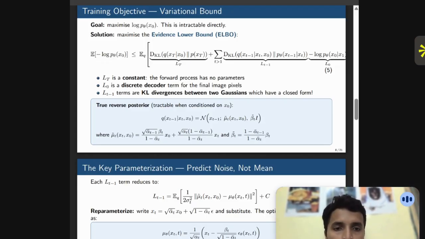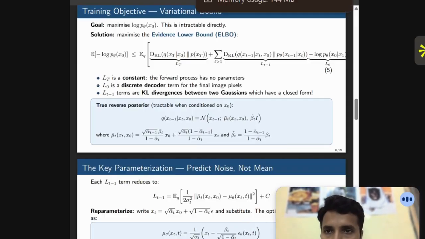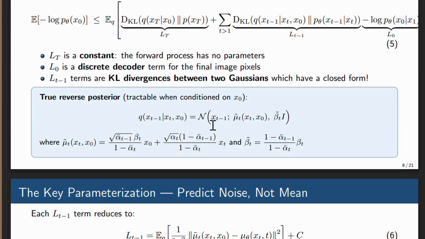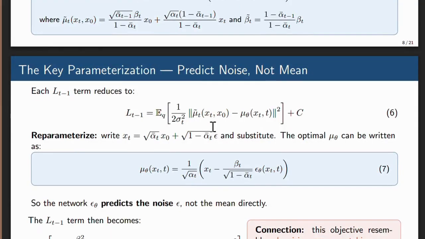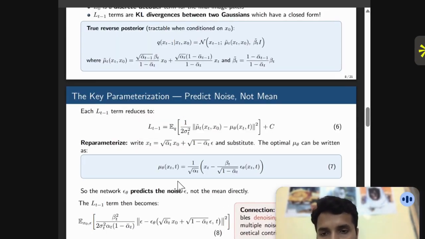If we plug this x0 function into the initial mu t function that we have, then the mu theta equation simplifies into the form mentioned on slide 9 in the blue box. It looks like 1 over root alpha t times xt minus beta t over root 1 minus alpha t times epsilon theta t.